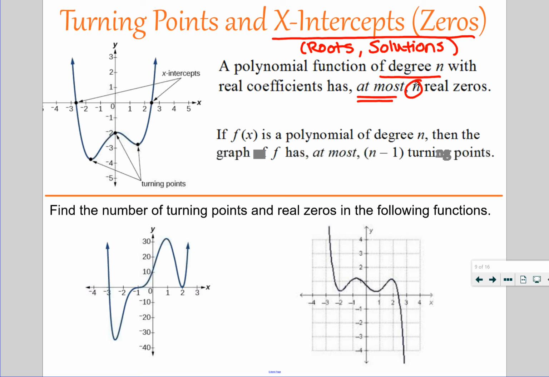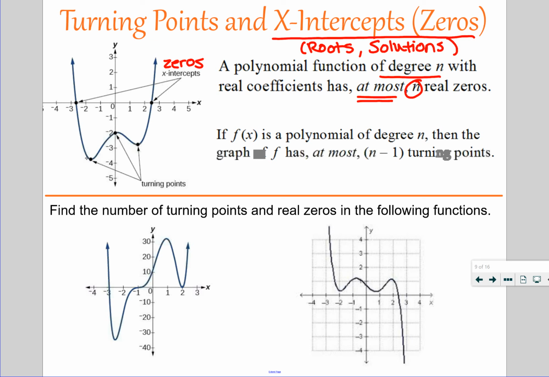We also have something called a turning point. We've kind of mentioned that before when we did mins and maxes. Turning points are when the graph turns around, like our vertex on our parabola. It changes from decreasing to increasing or increasing to decreasing. So on the graph to the left here, you can see my x-intercepts are labeled, places where it's crossing the x-axis. Remember, those are also zeros. And then turning points are anywhere where the graph is turning around in its direction.